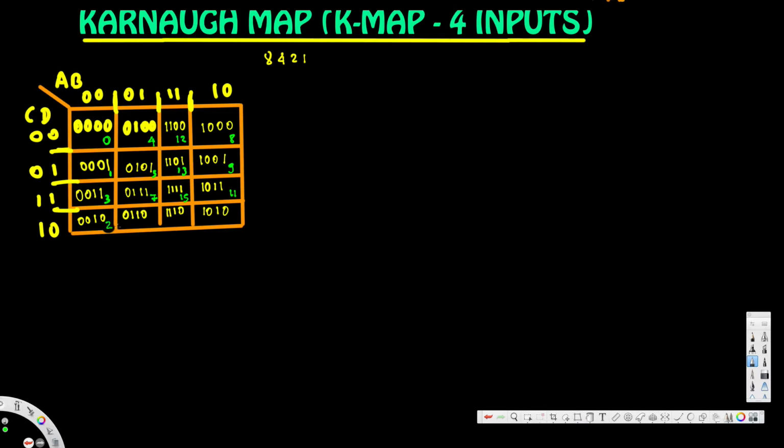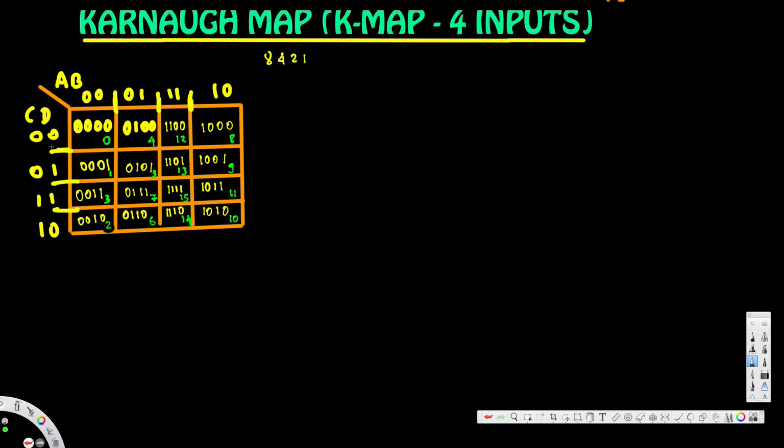Okay, this one is 2, and 0 1 1 0, 6, and then 1 1 1 0, 8 plus 4, 12, 12 plus 2, 14, and then 1 0 1 0, that's going to be 8 plus 2, 10.